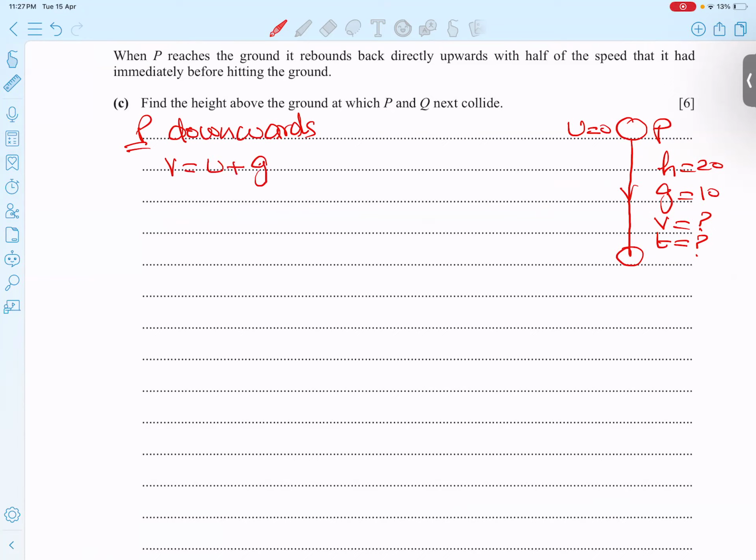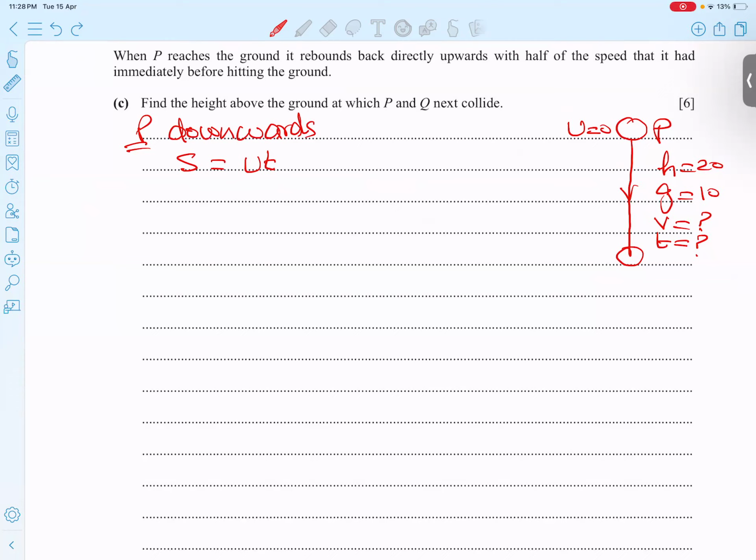Okay, wait a minute. No, this formula we can't use. I have to go for S is equal to UT, or I think so. V is unknown, and U we have, everything. If I use the other formula, we can get it easily.